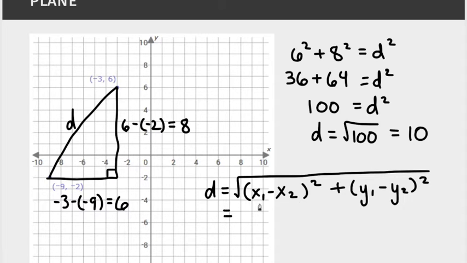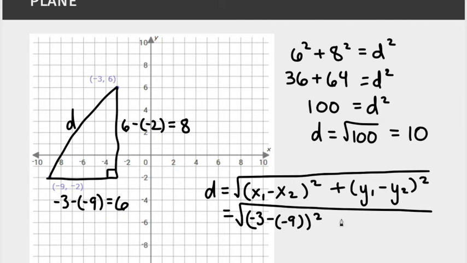And that difference between the 2 x values is this same -3 minus -9 that we saw here. And that difference between the 2 y values is the same 6 minus -2 we got here for the rise.